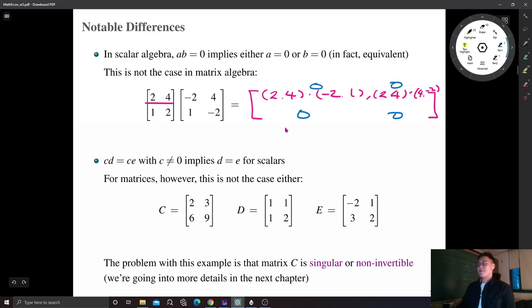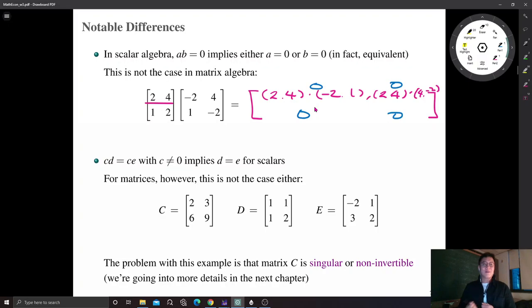So even if we multiply two non-zero matrices, we may end up with a zero matrix. Even if the product of two matrices is equal to 0, we cannot say that either matrix is a zero matrix. That is one notable difference from scalar algebra.